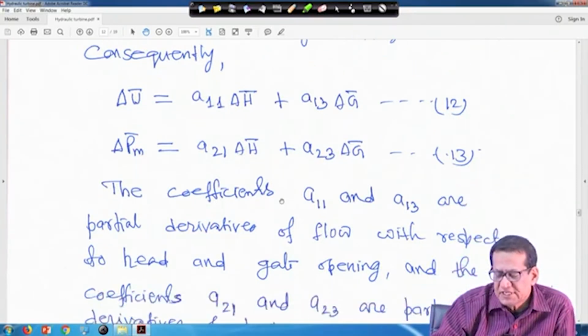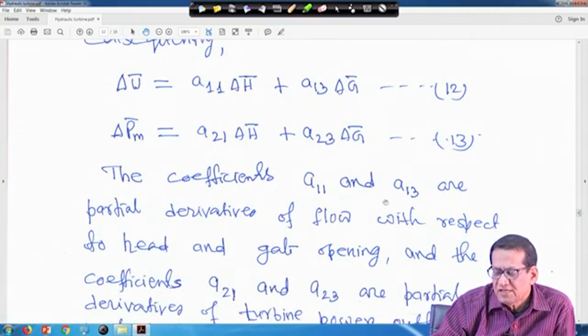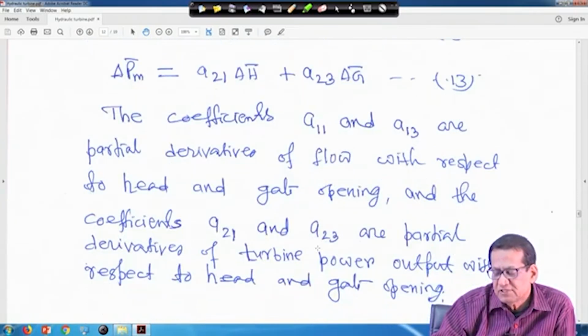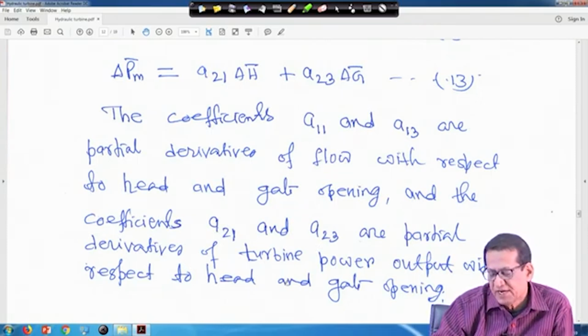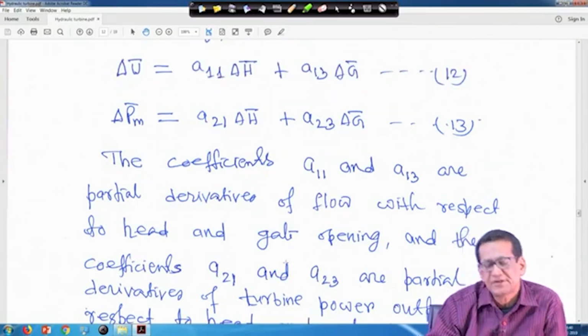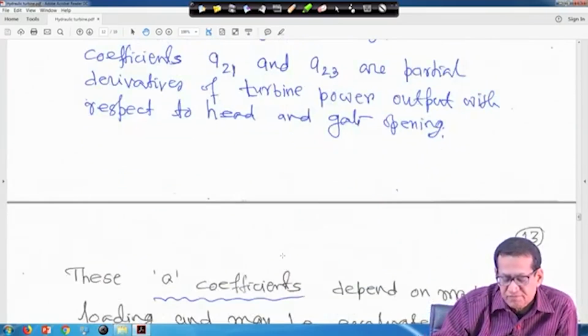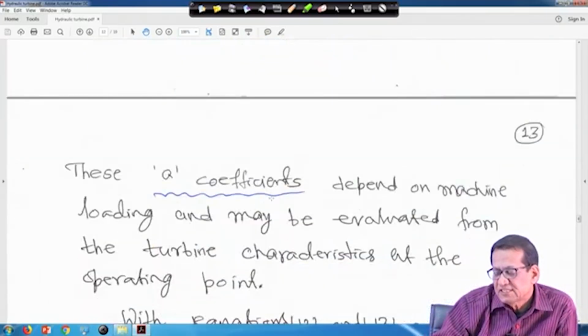The coefficients a 1 1 and a 1 3 are partial derivatives of flow with respect to head and gate opening, and the coefficients a 2 1 and a 2 3 are the partial derivatives of turbine power output with respect to head and gate opening, right. These a coefficients depend on machine loading and may be evaluated from the turbine characteristics at the operating point.